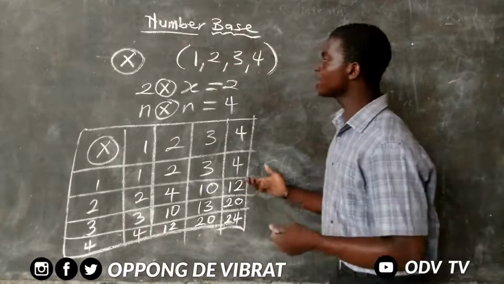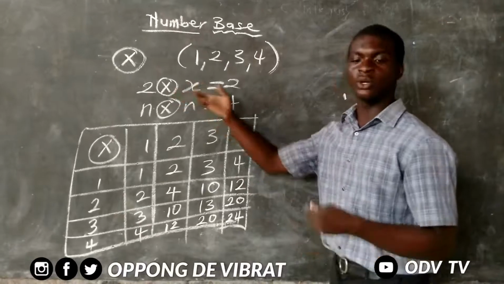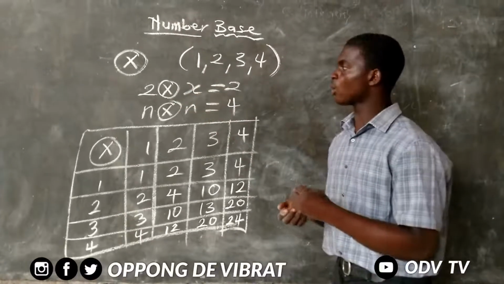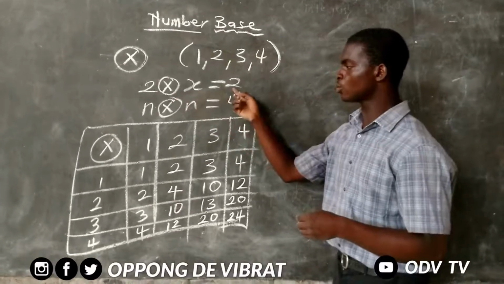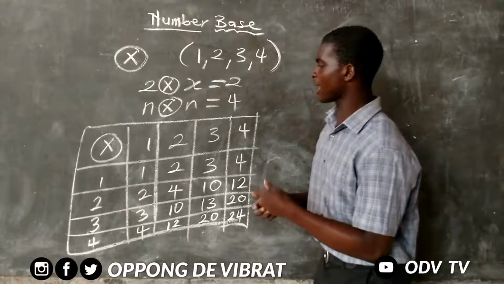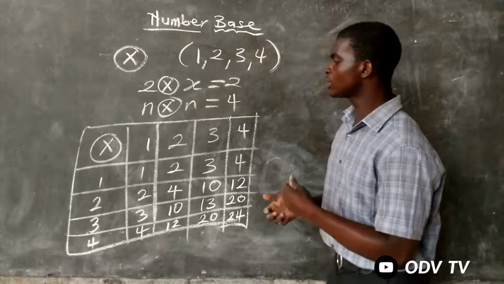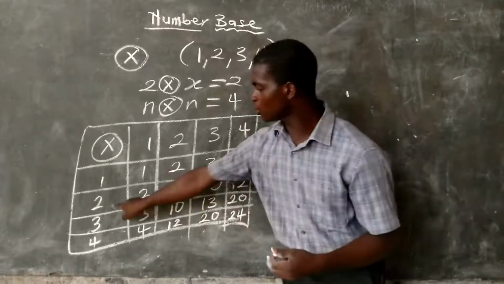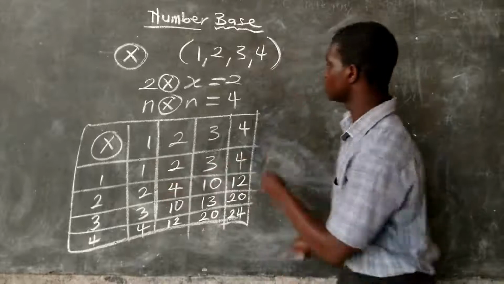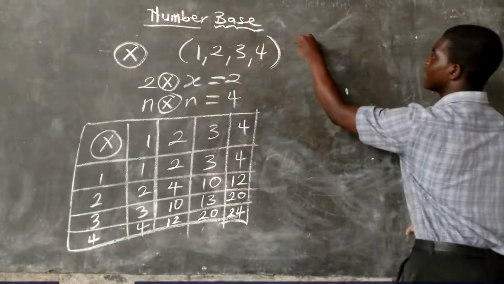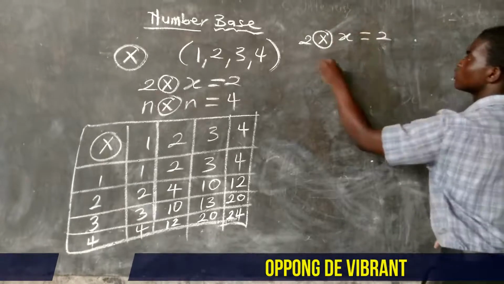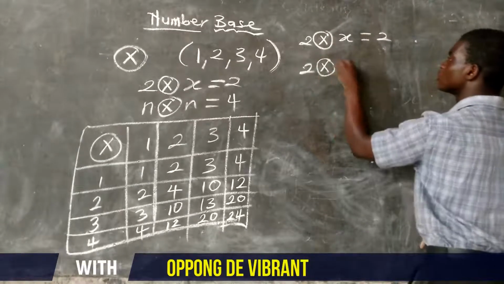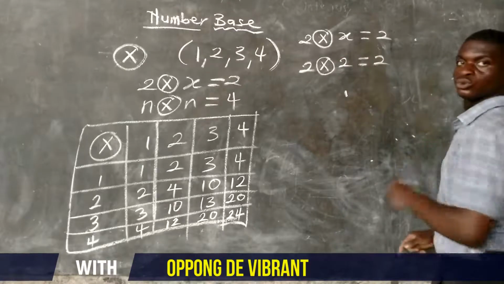And so we go into this part, which says find the truth set of 2 ⊗ x equal to 2. Which number do we multiply by 2 to give us 2? 2 multiplied by 1 gives us 2. And so with this, we express it this way: 2 ⊗ 2 is equal to 2.